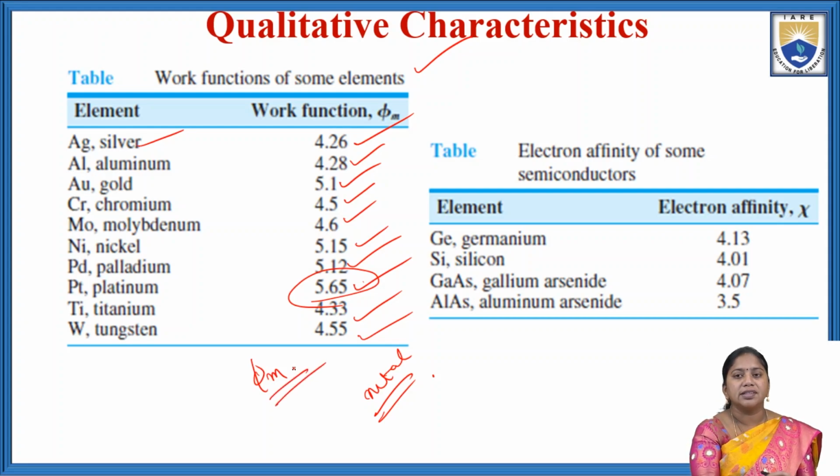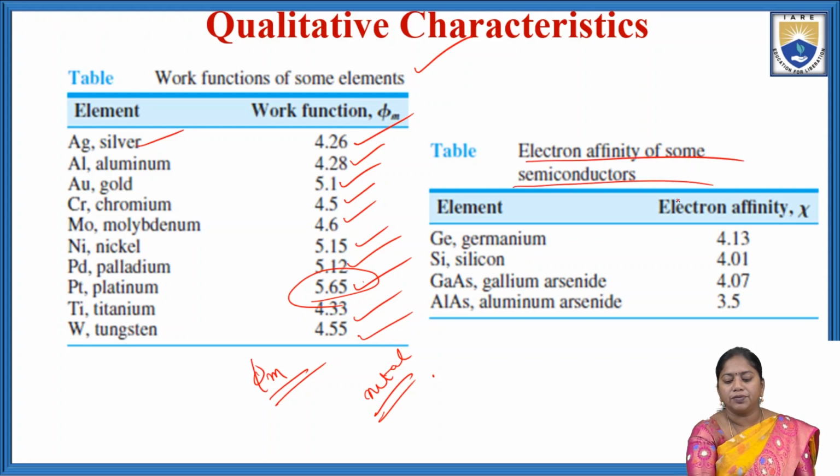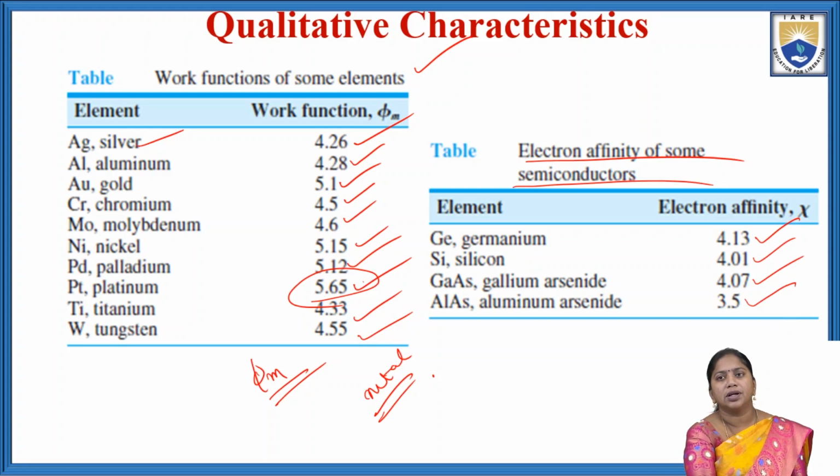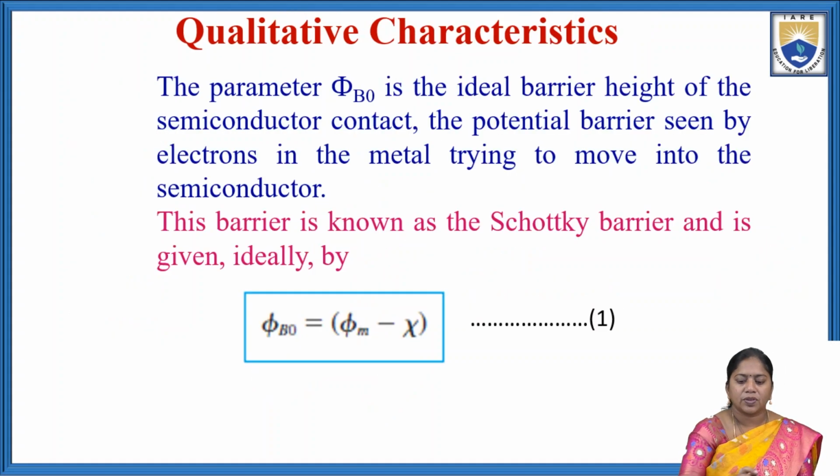Now the electron affinities of some semiconductors: for germanium the electron affinity value is 4.13, for silicon 4.01, gallium arsenide 4.07, and aluminum arsenide 3.5. These are the different metal work functions and electron affinities for the semiconductors.